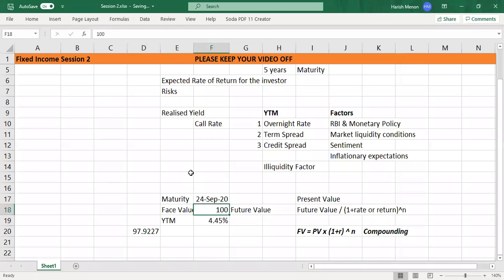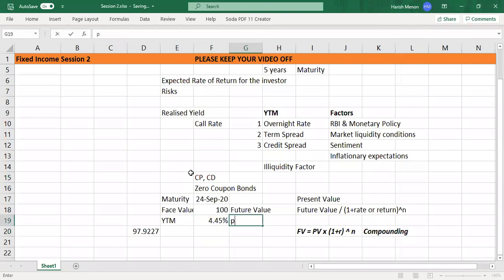Ultra short debt funds invest a lot in these bonds. These are called zero coupon bonds. Other examples of these bonds, just for your understanding, are commercial papers, certificate of deposit. All these are zero coupon bonds. What I am discussing is treasury bill, but the pricing works the same way every time.